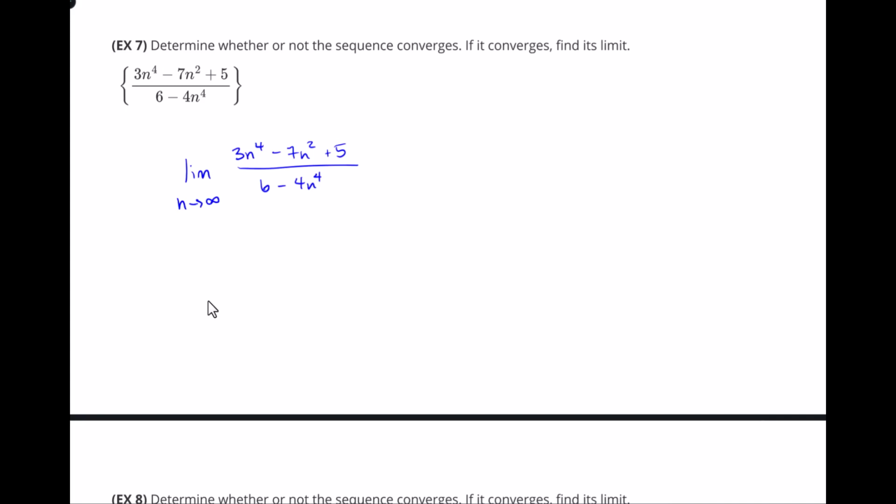The degrees are the same, which means the numerator and denominator would be going to infinity at approximately the same rate, and therefore there is a horizontal asymptote, or an infinite limit, however you want to look at it, at the ratio of the leading term coefficients, so negative 3/4.